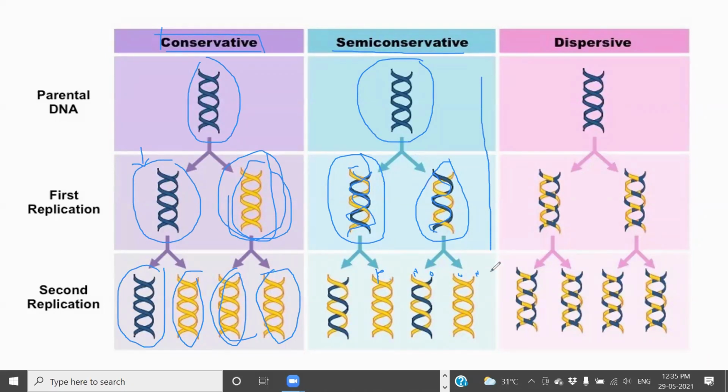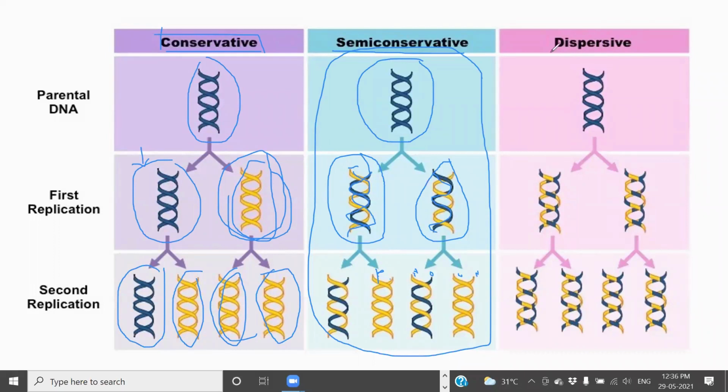This is the semi-conservative mode of replication. Naturally, in every living organism, DNA replication always takes place semi-conservatively. Hence the daughter duplexes are composed of one old strand and one new strand, one parental strand and one newly synthesized strand.